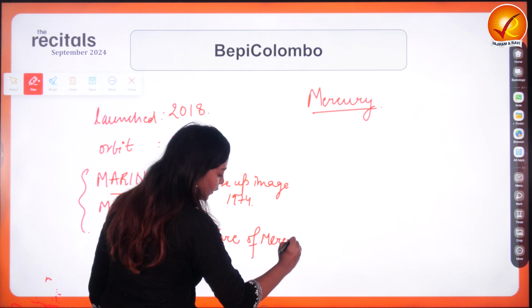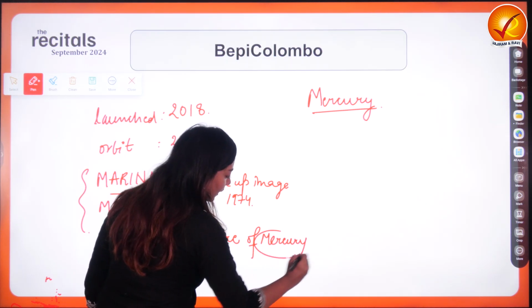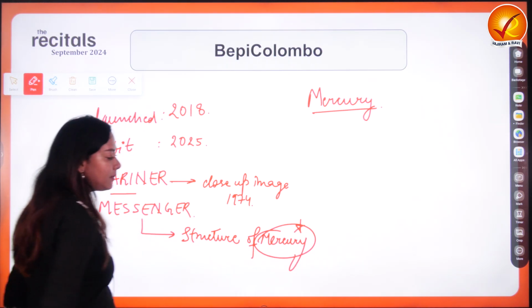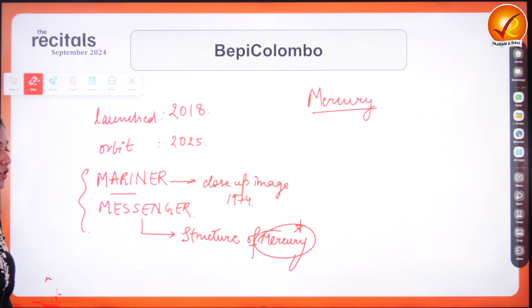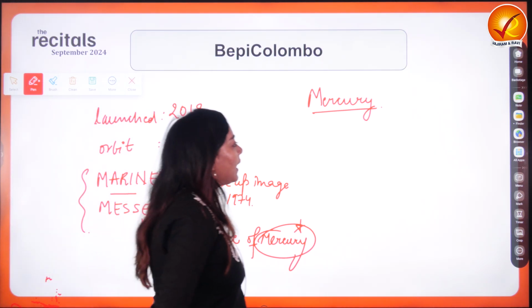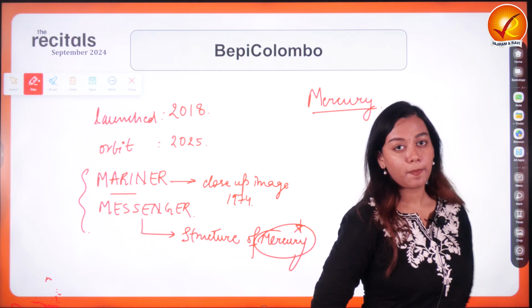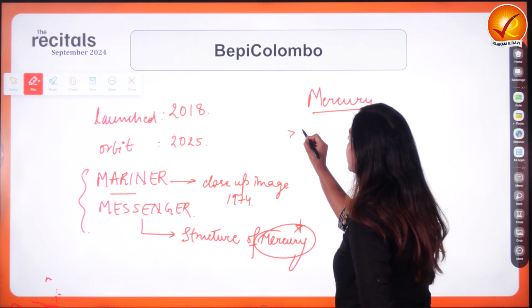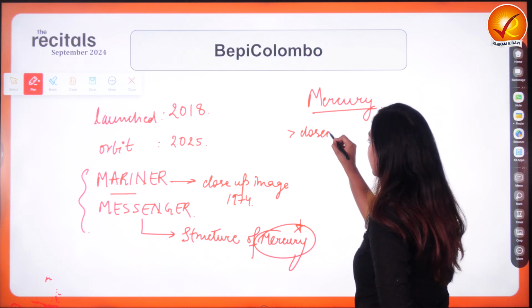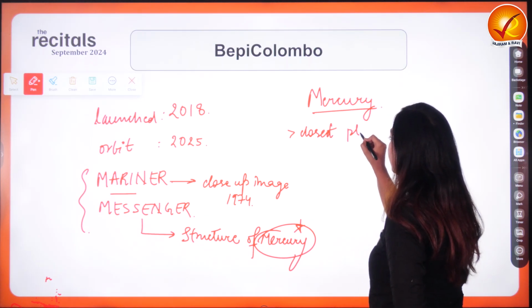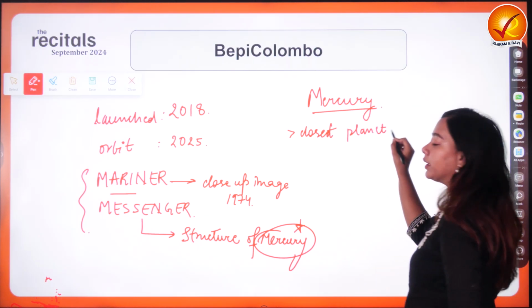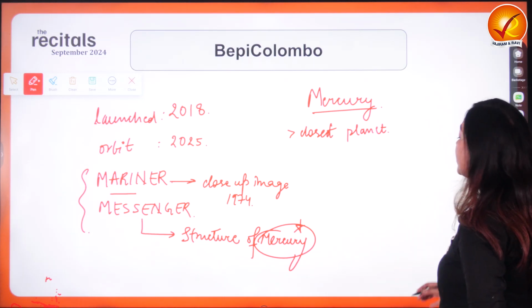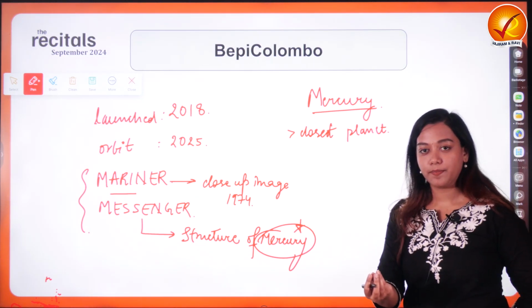Now talking about this unique planet, why hasn't it been explored, and why are we curious about discovering it? Unlike all other planets in the solar system, Mercury is the closest planet to the sun. So we all know the order broadly on the basis of composition and structure.